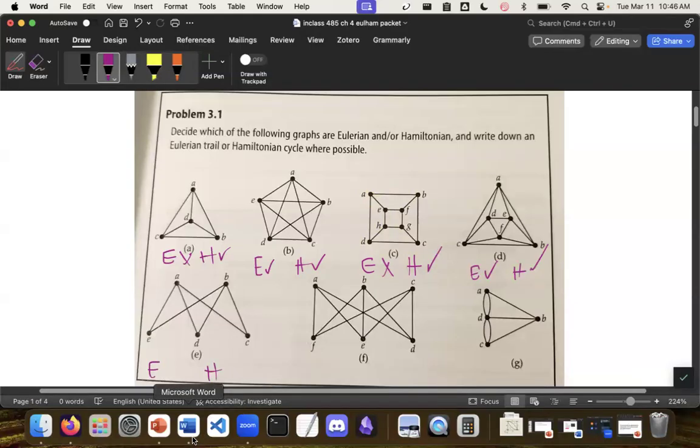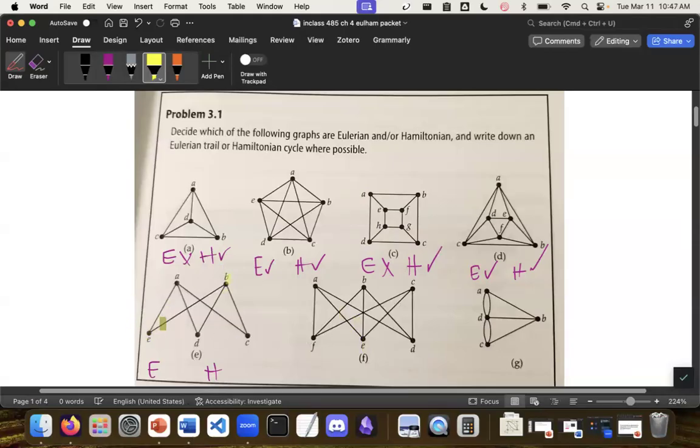What do you think about E? Eulerian? Okay, I have conflicting information. Why do you think? Oh, E, yeah, sorry.